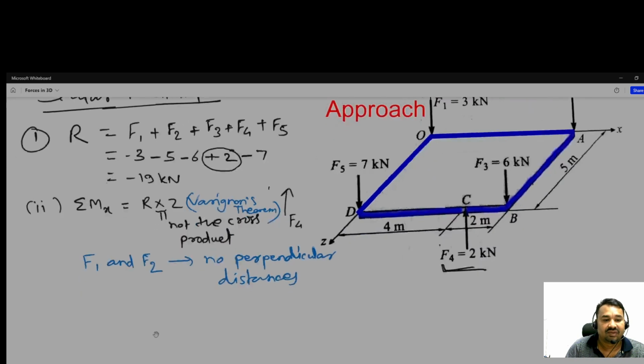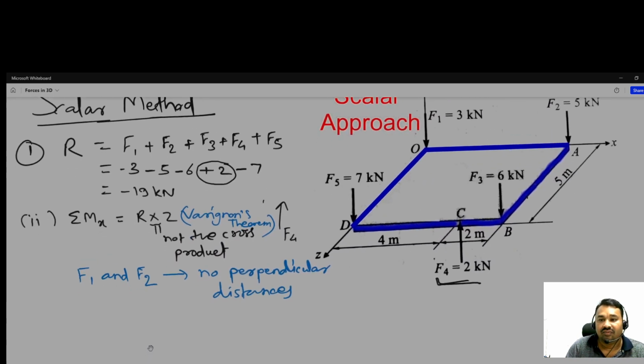And what about the other forces? Let us do it. Mx is equal to, and what about direction? Suppose we are taking clockwise as negative.